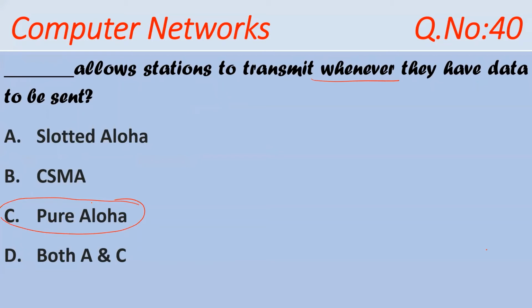Protocols like Pure Aloha, CSMA/CD, CSMA/CA are all random access protocols. Among these, Pure Aloha is a technique in which the station, whenever it has data, will just transmit it onto the shared medium. So the answer is Pure Aloha.